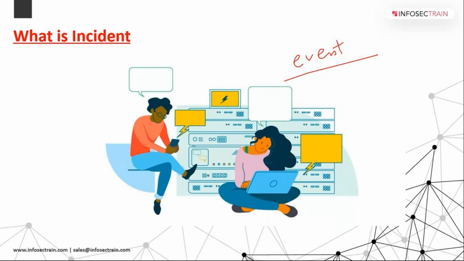Let's say, for example, early in the morning you open your laptop, click on the power button, and it's booting up. Based upon the operating system and multiple factors, it takes some time. Let's say within a few seconds it opens up. That is considered an event. In short, it's a task that you are performing.